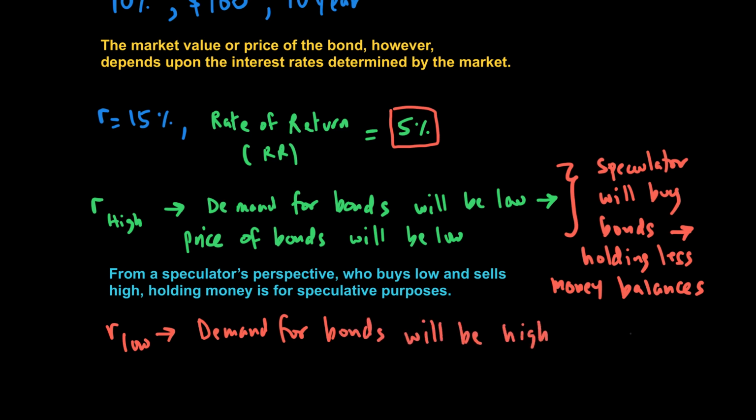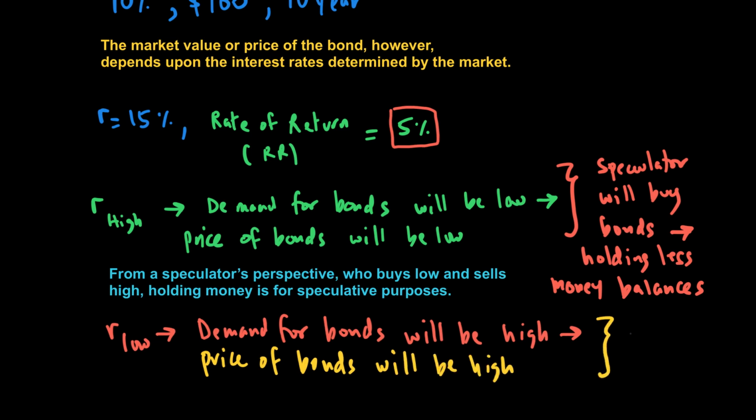Why? Because when the interest rates are low, people will be like, you know what, the bonds are giving us better return, let's buy them. So that's where the price of bonds will be high, because people will be demanding them.